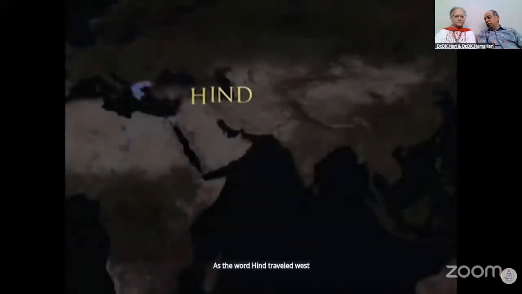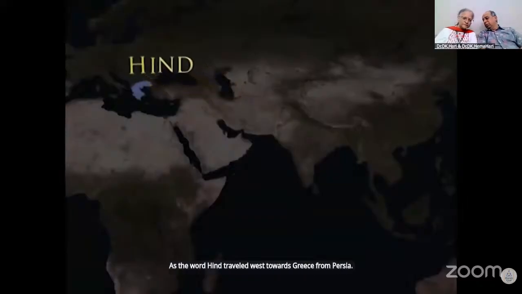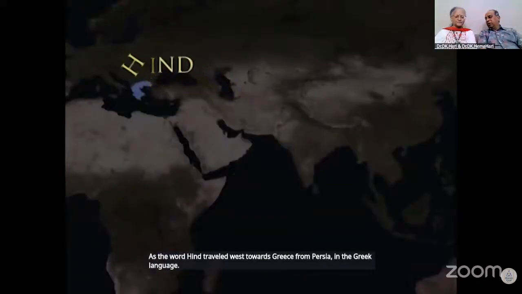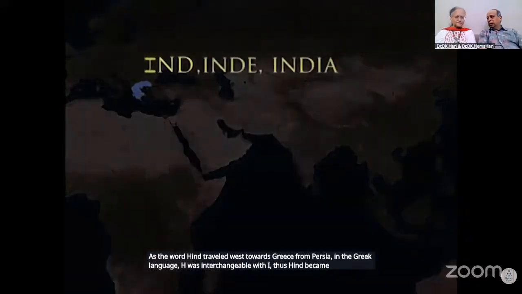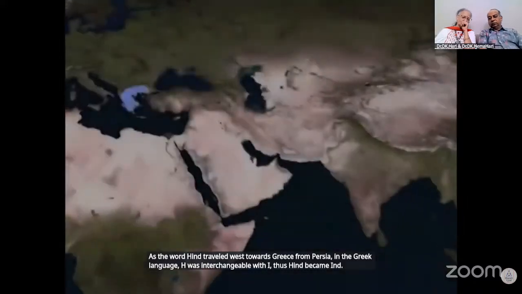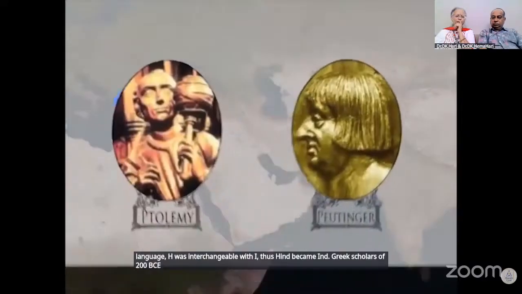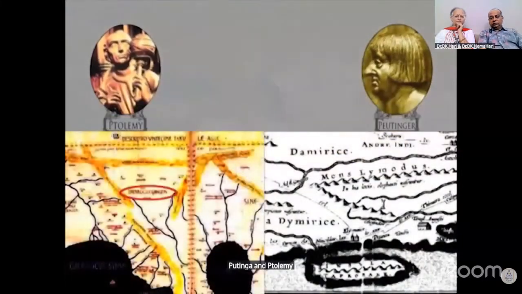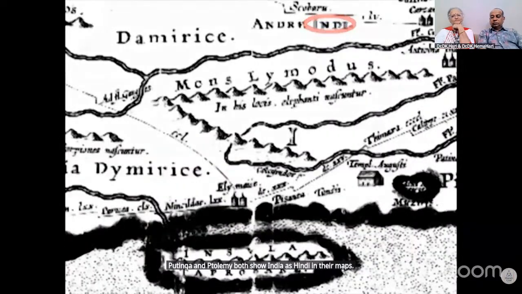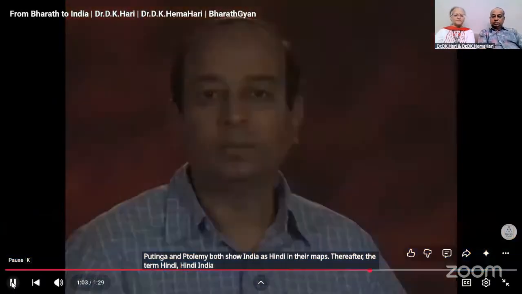As the word Hind traveled west towards Greece from Persia, in the Greek language, H was interchangeable with I, thus Hind became Ind, Inde. Greek scholars of 200 BCE, Hutinga and Ptolemy, both show India as Indi in their maps. Thereafter, the term Indi, Inde, India came to be.